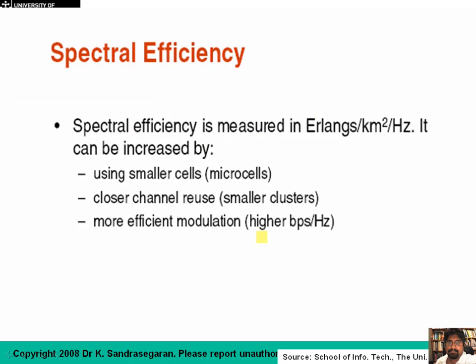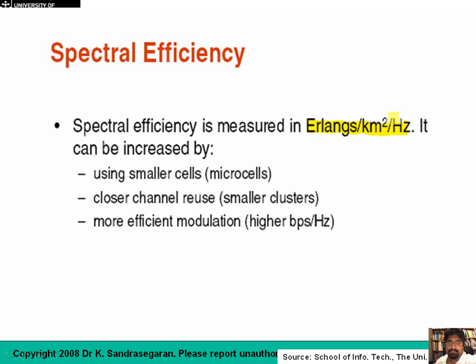Okay, the other thing that we talked about is spectral efficiency. Spectral efficiency is a measure of how efficiently you're using the spectrum, and it's usually measured in Erlangs per kilometer squared per hertz or per megahertz.